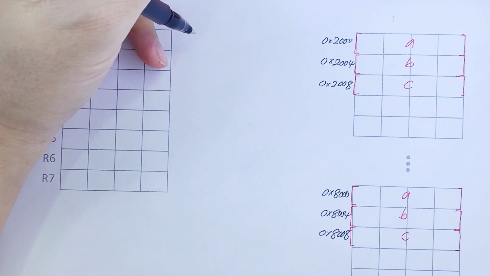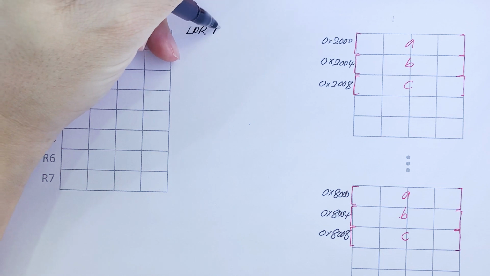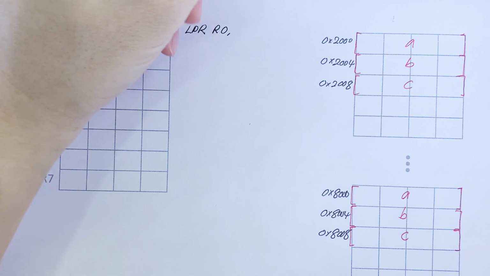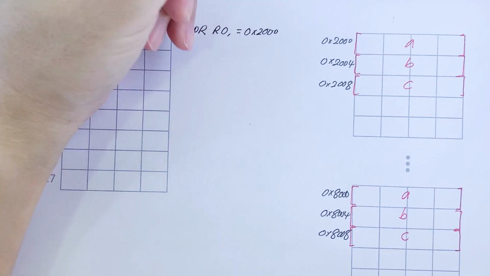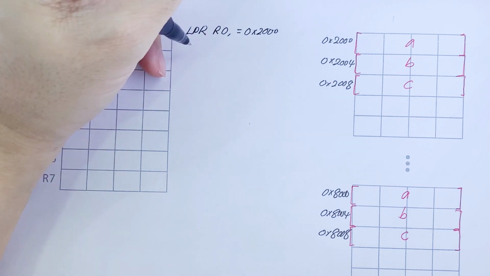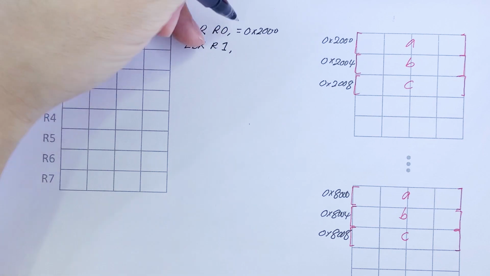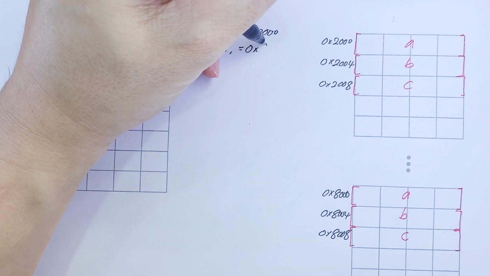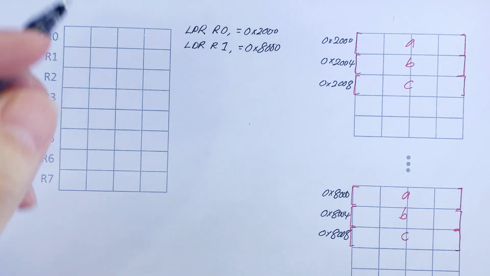Well, we could begin by initiating two address pointers, which is R0, equal to address 2000, and we can do the same thing for R1, but this time R1 is pointing to 8000.